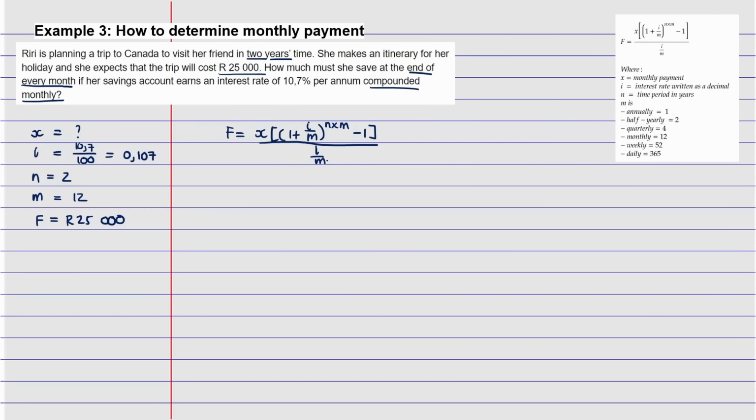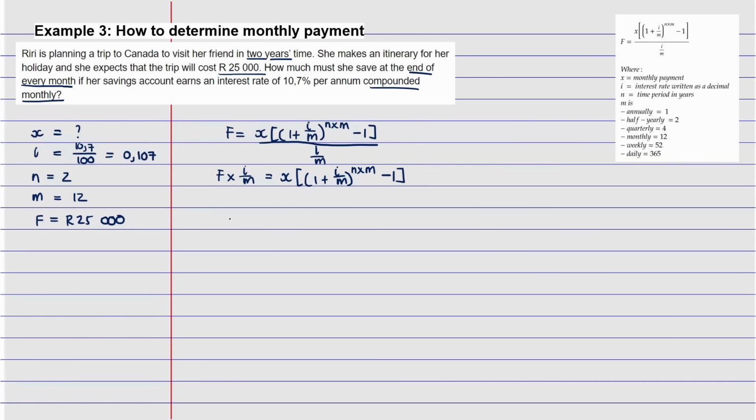So I'm going to take this I divided by M and multiply it with F. So it's going to be F multiplied by I divided by M, equal to X, then open bracket 1 plus I divided by M, to the power N multiplied by M, minus 1.